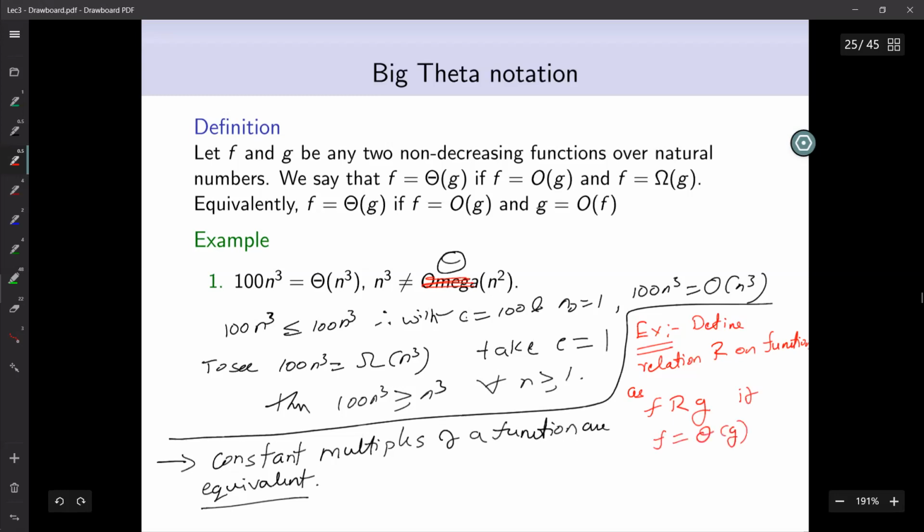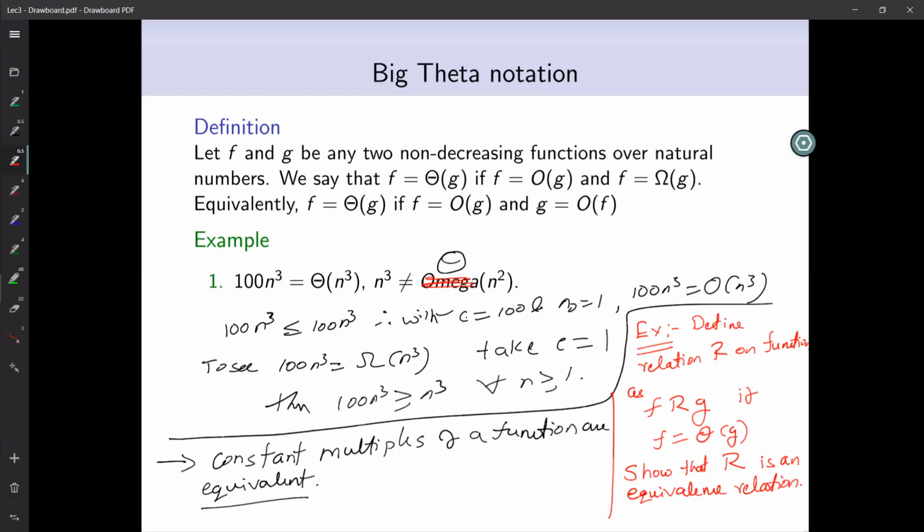Show that R is an equivalence relation on the set of all such functions. Okay, I'll leave it to you. If I do it, it already solves half of the exercise.